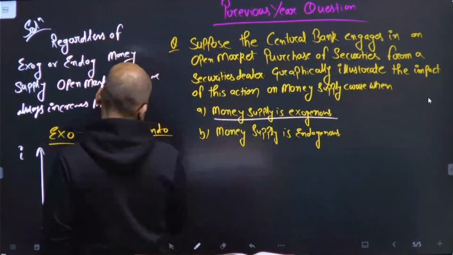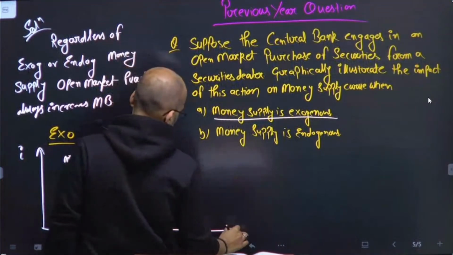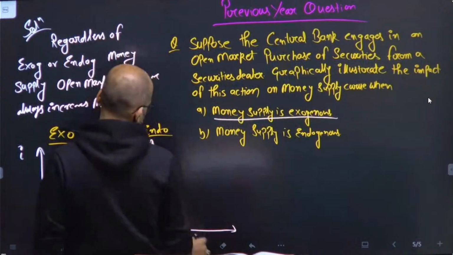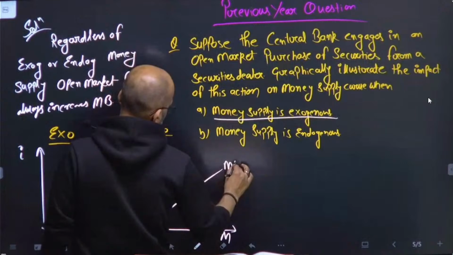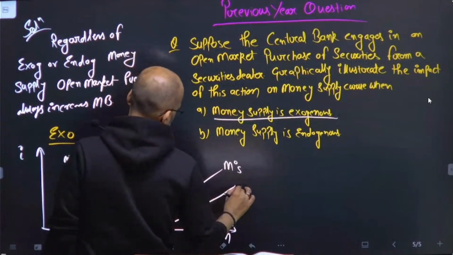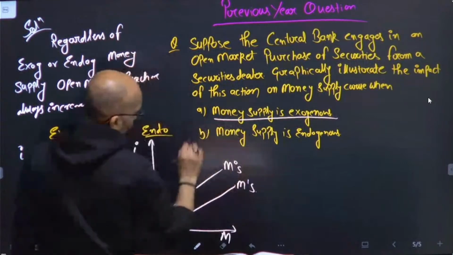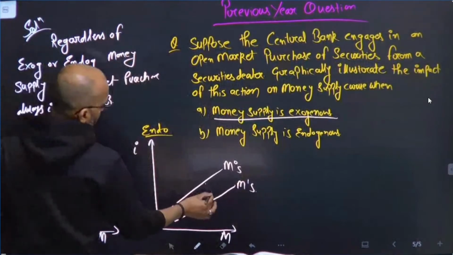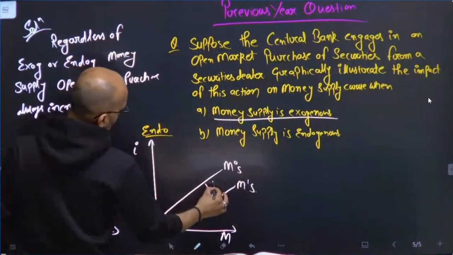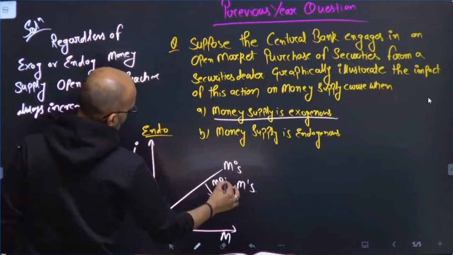Endogenous. Clear? You can draw it like this. You can write MB is increasing.